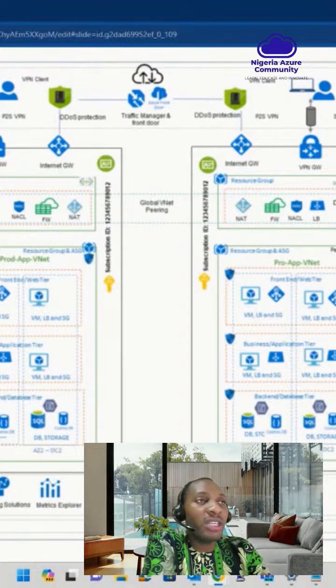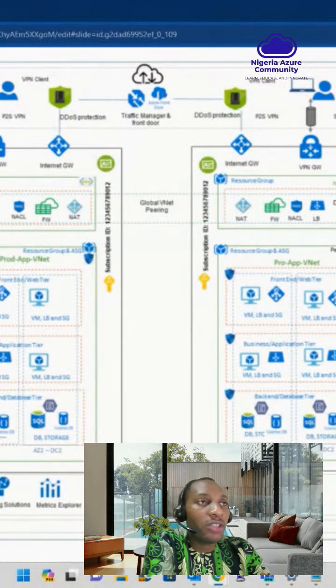If you're doing a three-tier application architecture where you have the front end or the web tier, the middle end, which is your business or application tier, and the back end, which is your database tier, you can logically separate each of them using application security groups. You can separate your front end from your application and from your database or backend.